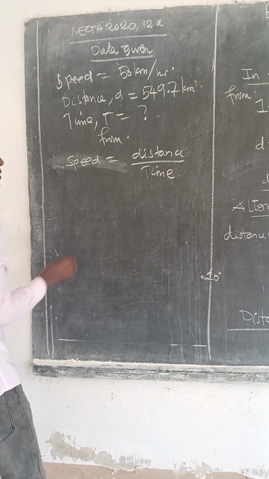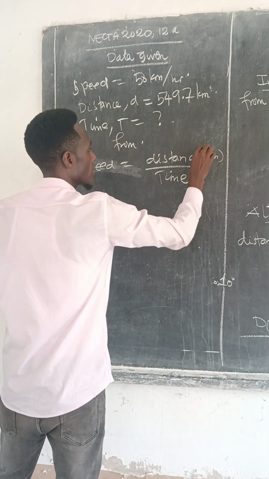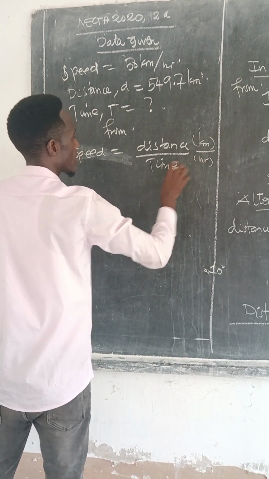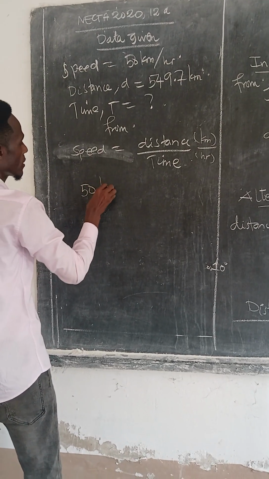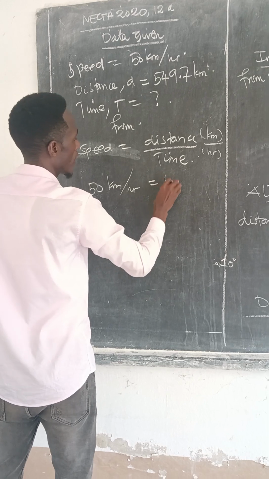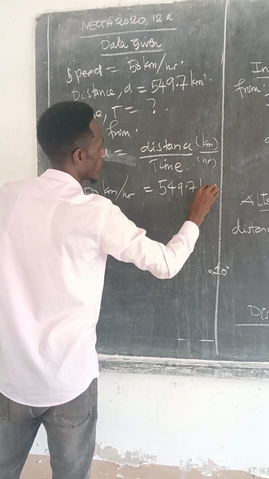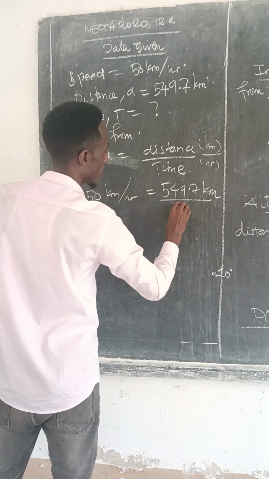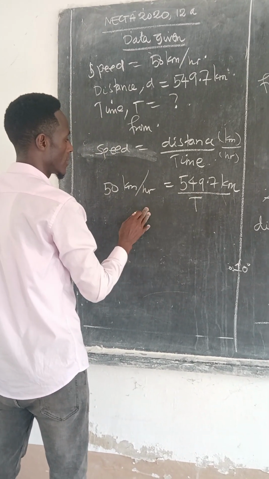Because you have been given the speed in kilometers per hour, here now the distance will be in kilometers and the time in hours. So the speed you have is 50 kilometers per hour, equal to distance. The distance we have is 549.7 kilometers, then over time that we don't have, and you have been required to find the time.